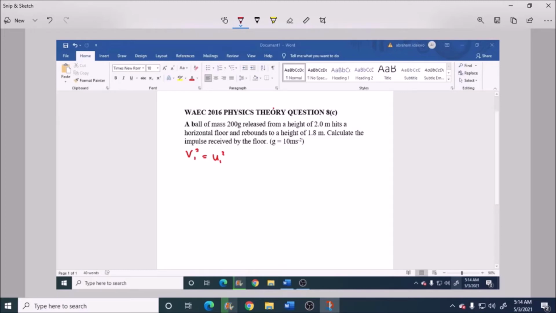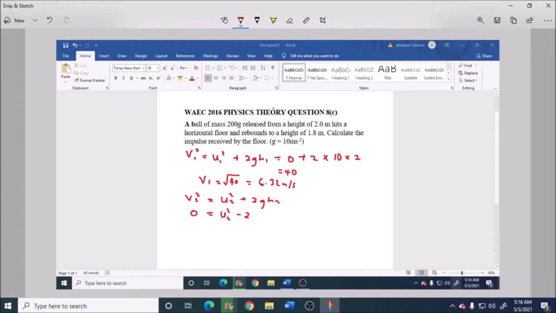So we have v squared 2 is equal to u squared plus 2gh2 now. So this is 0 equal to u squared 2 minus 2 times 10 times 1.8.